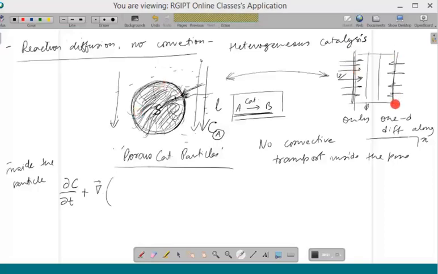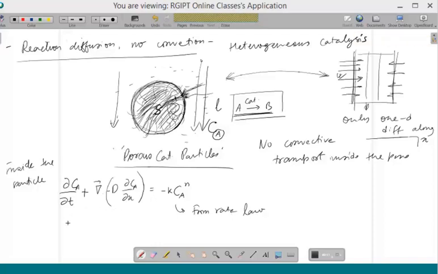But if you have a rectangular kind of particle, then you can write a simpler equation: del dot C Vx, where Vx is zero, so the convective transport is zero, and minus D del C del x, equal to the rate of generation of A. When A is being consumed, I can write it as k C_A raised to n, assuming we already know the rate law. That would be your governing equation.